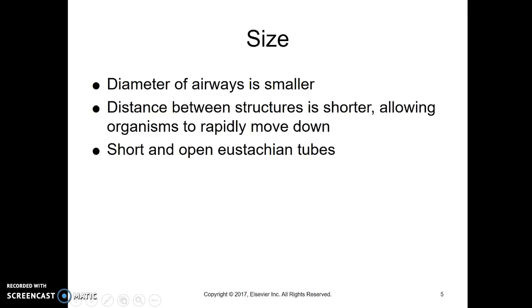And then the other issue is their eustachian tubes. Again, they're small, they're short, and they lay nearly flat. So they don't drain very well because it's not going downhill to drain.